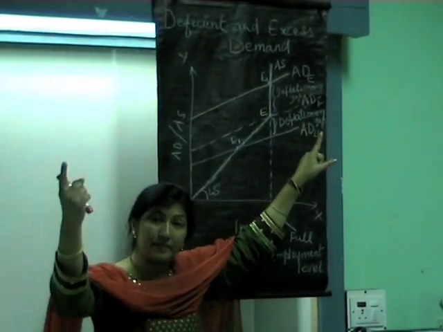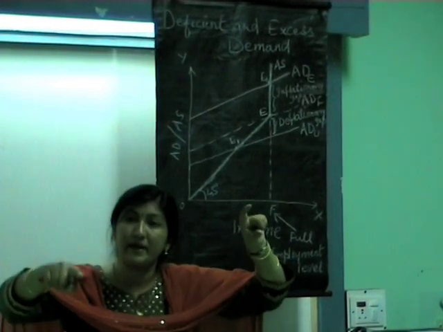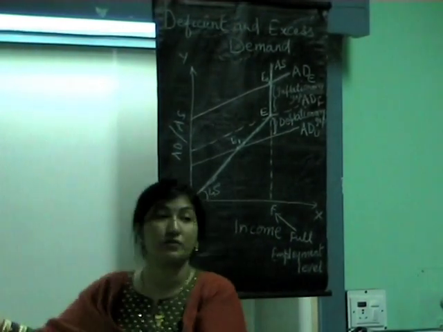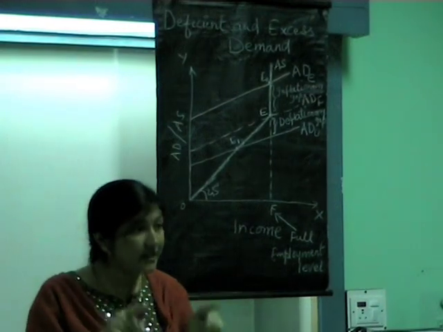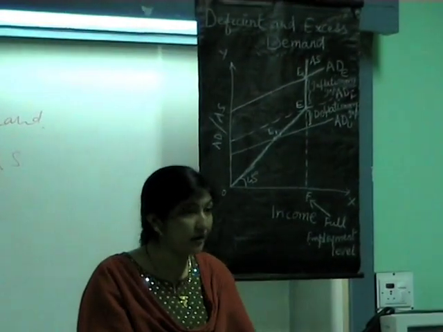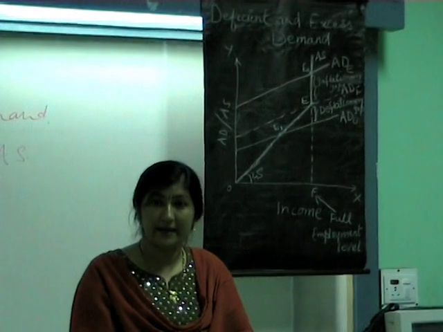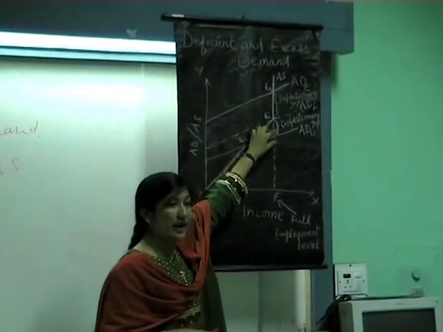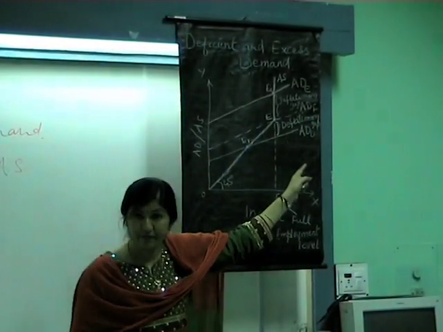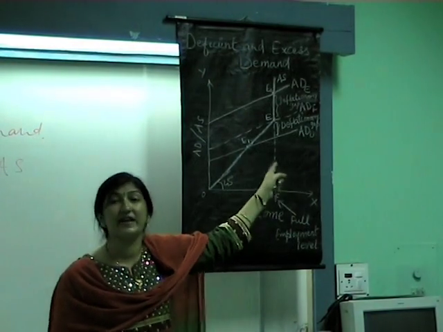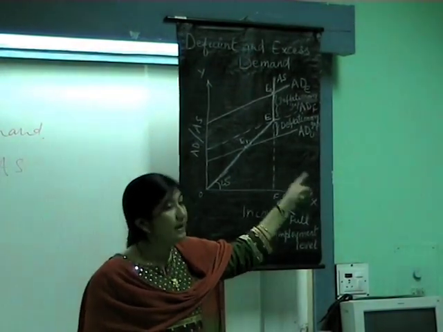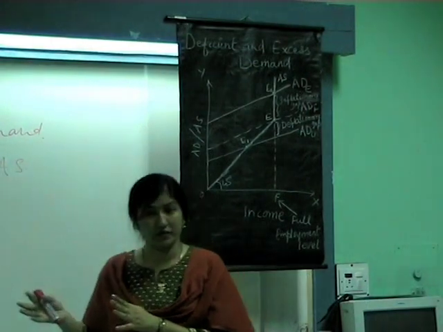Inflation is rise in price, so deflation is fall in price. We have seen that during deficit demand, the prices were falling because of low demand. That's why this gap is known as deflationary gap. What is it known as? Deflationary gap.